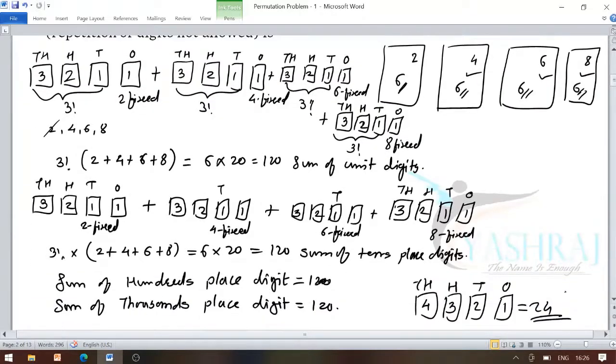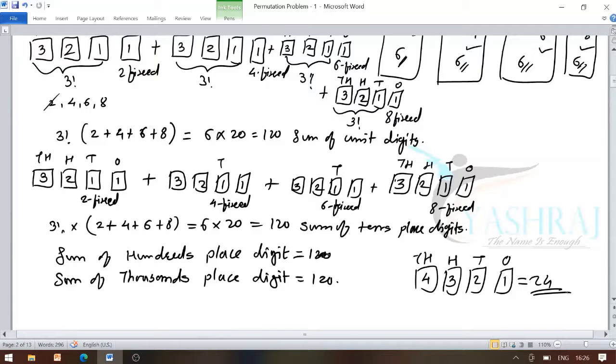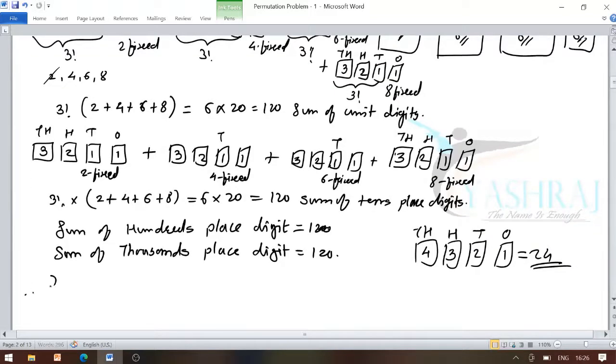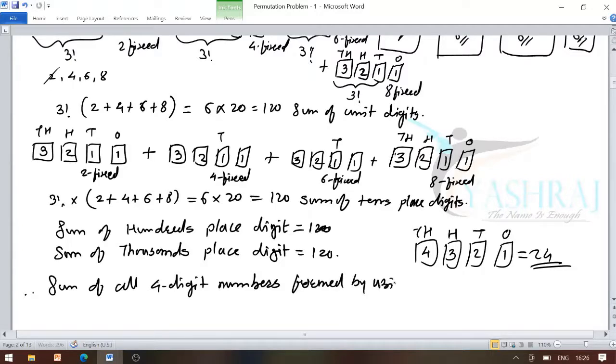So to find now the sum of all 24 4 digit numbers, therefore the sum of all 4 digit numbers formed by using the digits 2, 4, 6, 8 is given by the following.